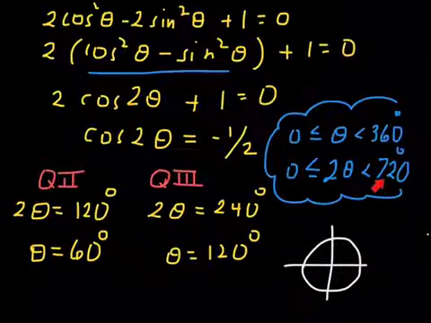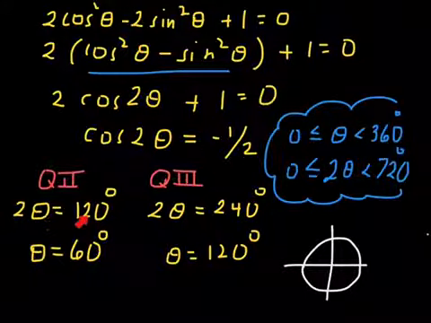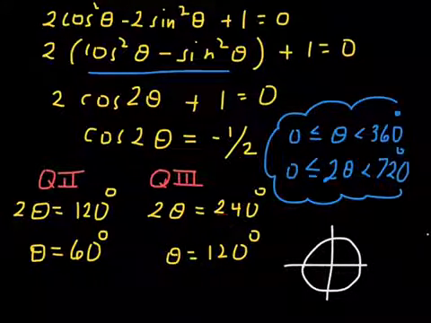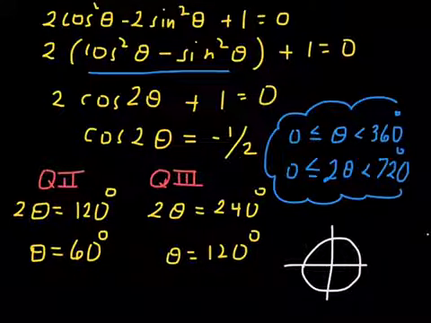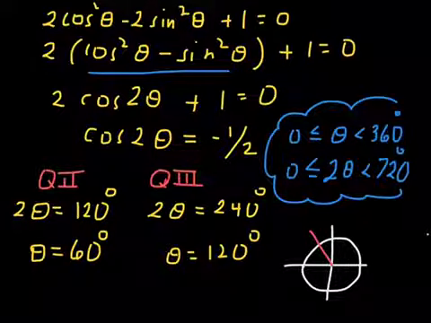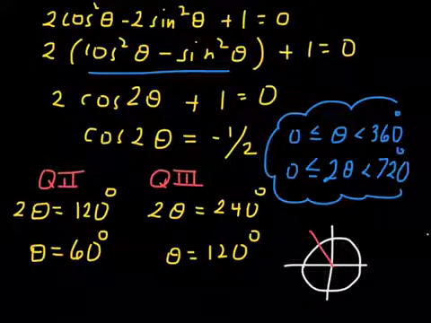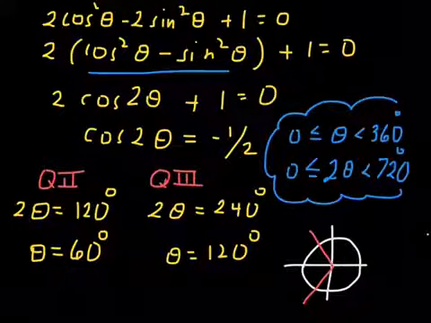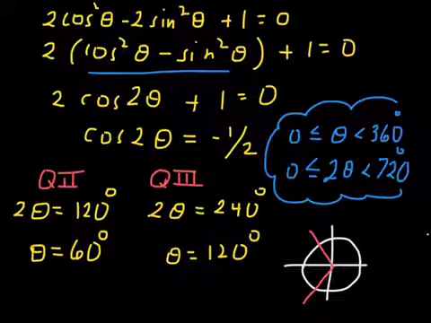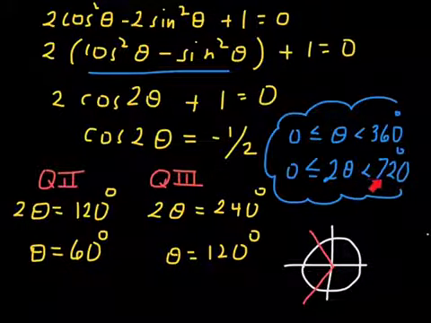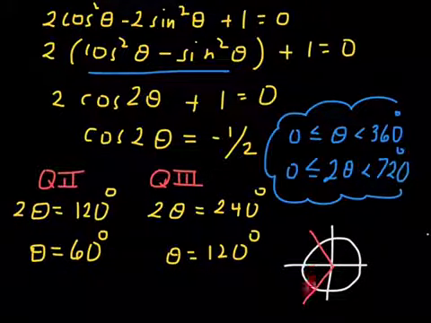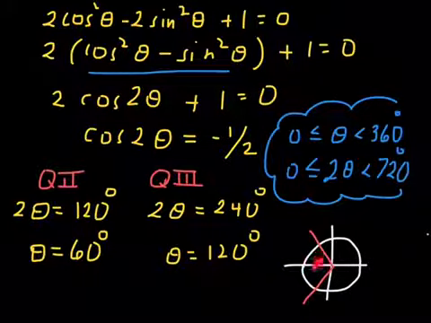So far, you've given that 2 theta is 120 and 2 theta is 240. That's 120 degrees, which is right here, and 240 degrees, which is right here. Now remember, 2 theta has to go between 0 and 720. So far, you've only given substitutions for 2 theta between 0 and 360, right?